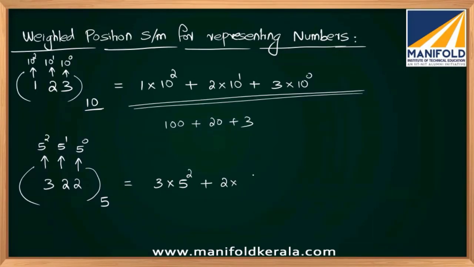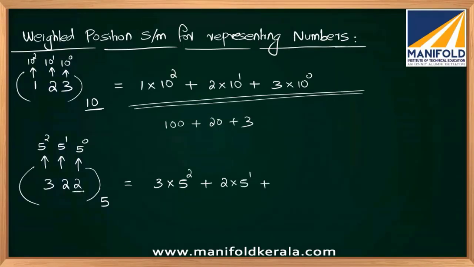Now, just for the understanding of others, I'll explain this. Many of you are answering the questions, that's very good. But if others are not getting it, please listen. 2 is having a positional weight of 5 raised to 1. So you multiply this 2 with its positional weight, 5 raised to 1.